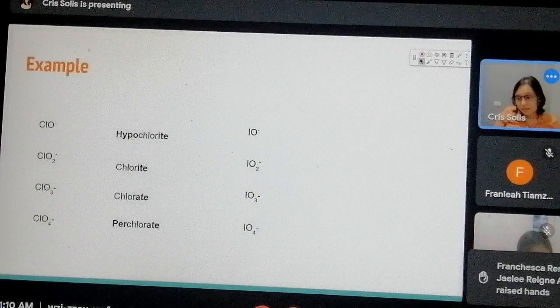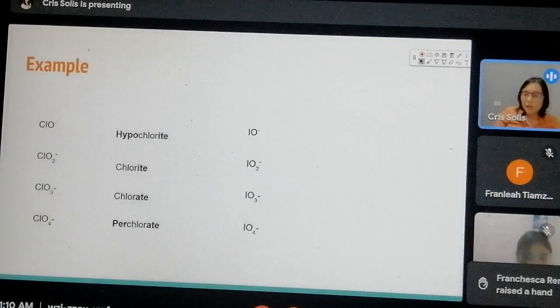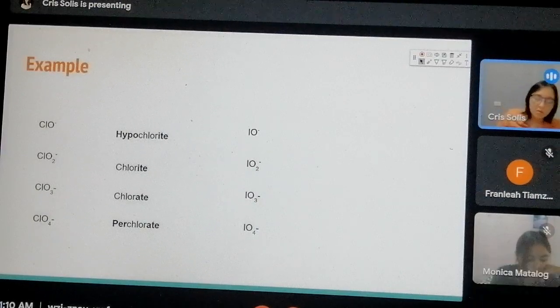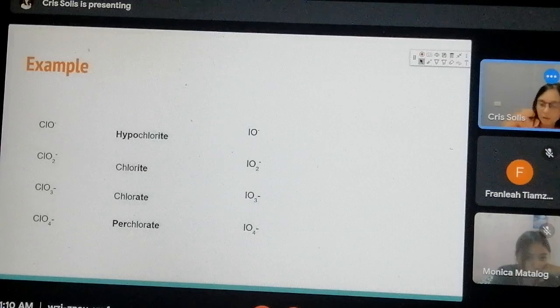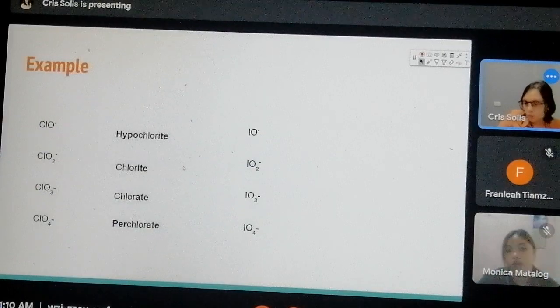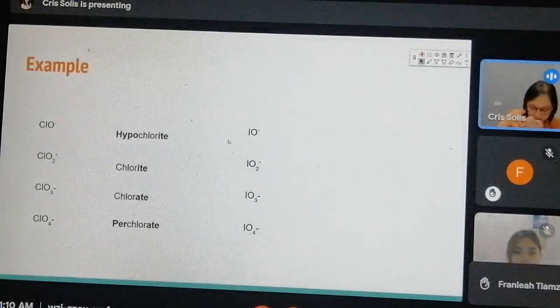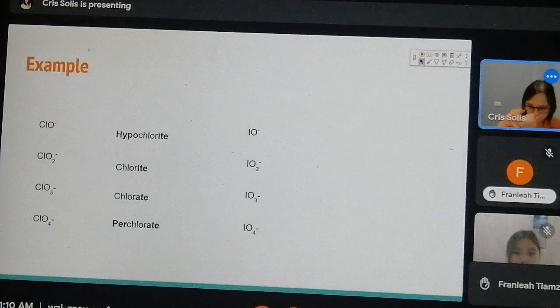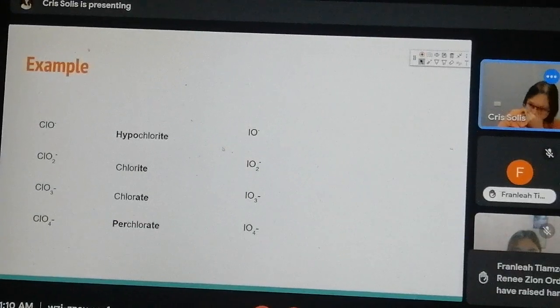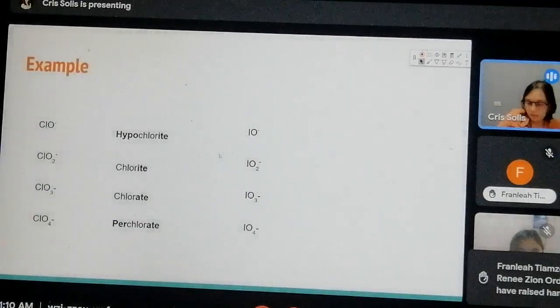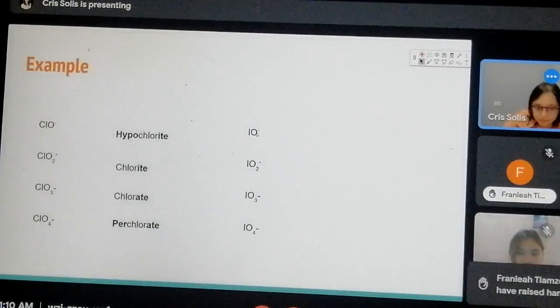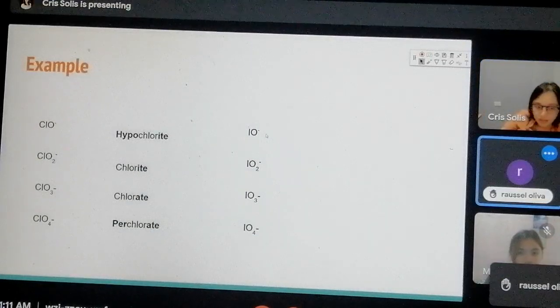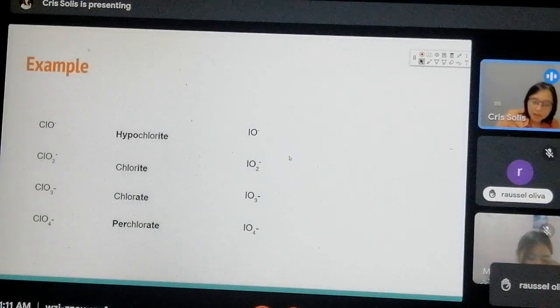Yes, Cheska? Iod. So if iod is our root word, what's the name of this formula? IO. Anong pangalan niyan? Hypoiodite po. Hypoiodite.